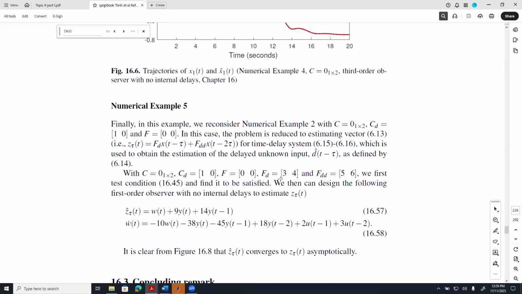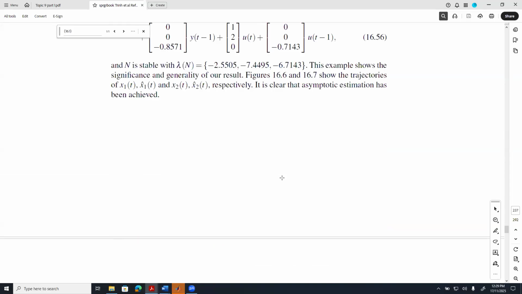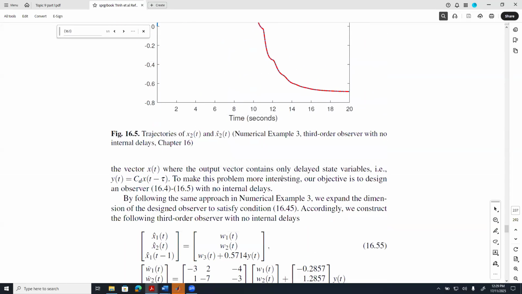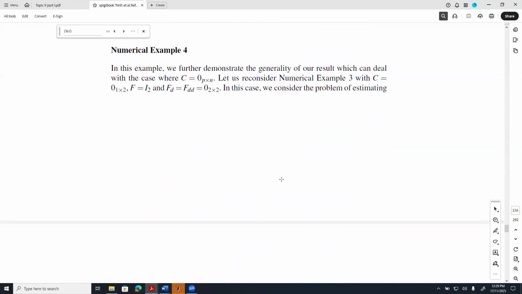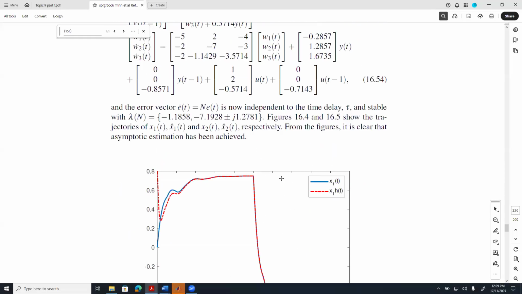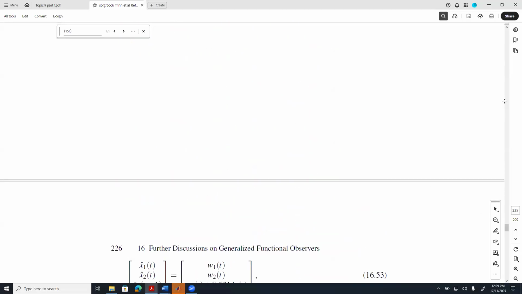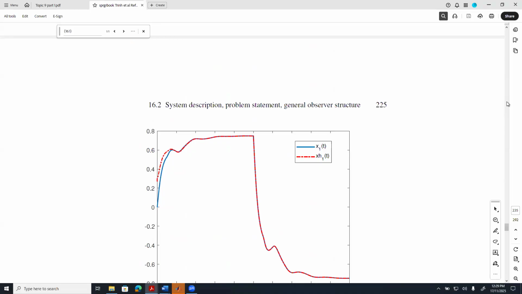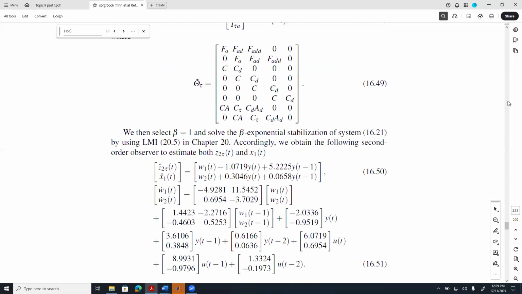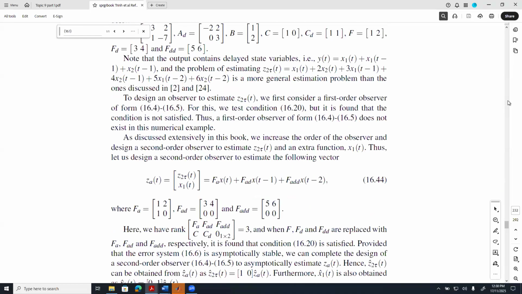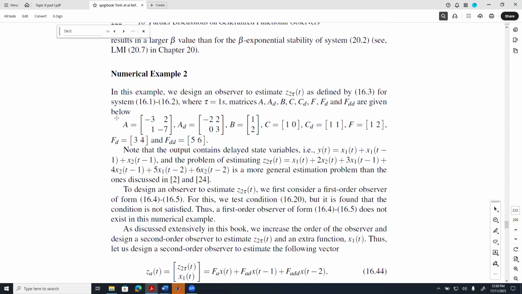When we look at this example, the system itself is stable, but we can even consider a case where the time delay system itself is an unstable time delay system. So like in here, when we check the eigenspectrum of this time delay system, it's actually a stable time delay system.